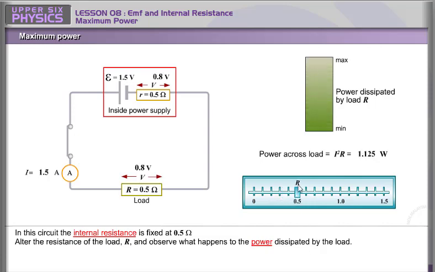So when R equals 0.5, notice the power dissipated is maximum. Power dissipated is maximum when R equals 0.5. Now 0.5 is also our internal resistance. See what happens if I increase further.